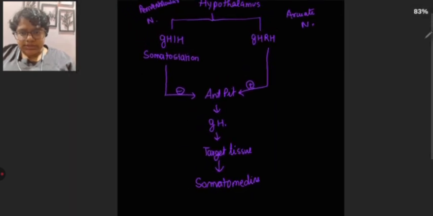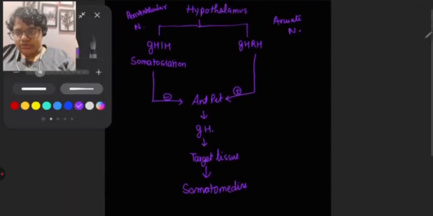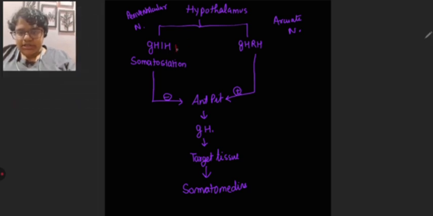Okay, so this is the basic framework. Now growth hormone inhibiting hormone has 14 amino acids, and growth hormone releasing hormone has 44 amino acids.